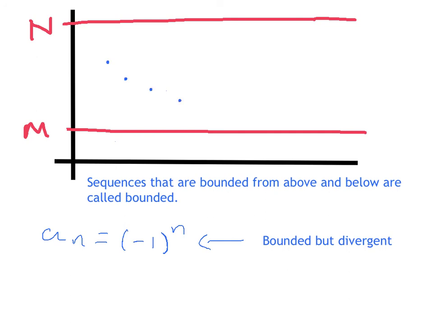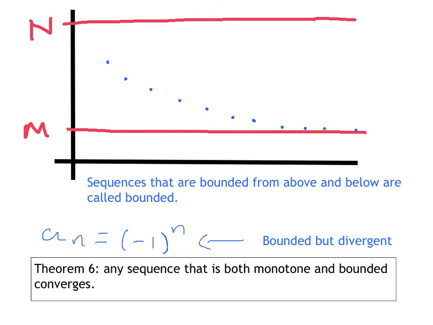Then we have something which is getting smaller, but it has nowhere to go. So a sequence that looks like this one converges, and this is an example of Theorem 6. Theorem 6 says that any sequence that's both monotone and bounded must converge.